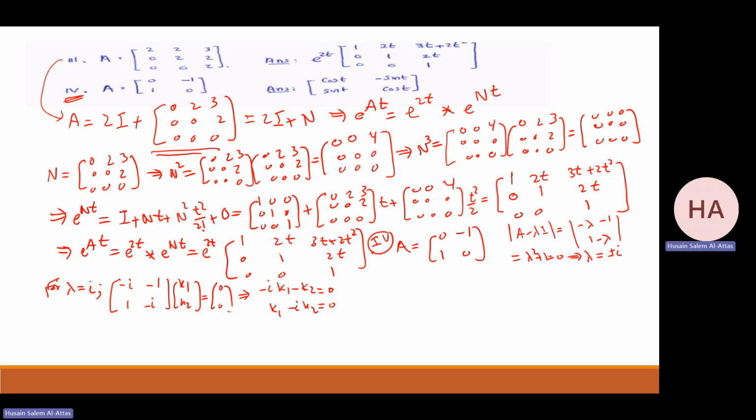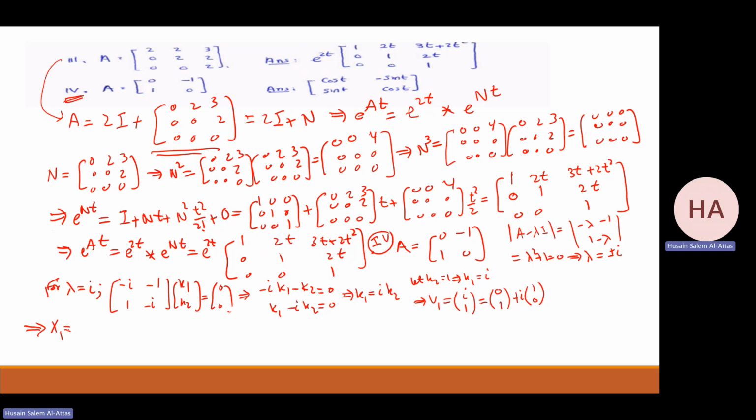You will get minus i k1, minus i times minus i is i squared, which is minus 1. So this is correct. So I have k1 equals i k2. If I let k2 equal 1, I'm getting k1 equal i. So v1 will be i and 1, which is 0, 1 plus i 1, 0. So it will be my solution.